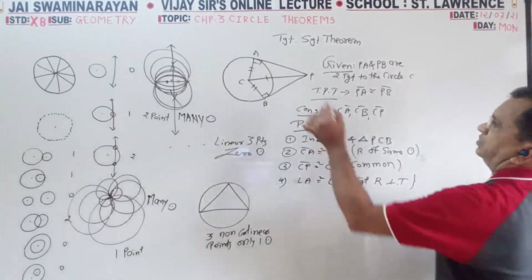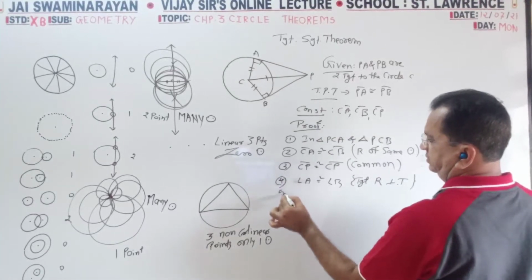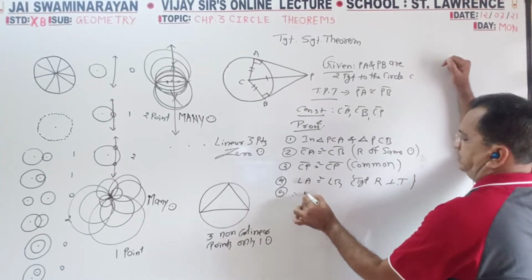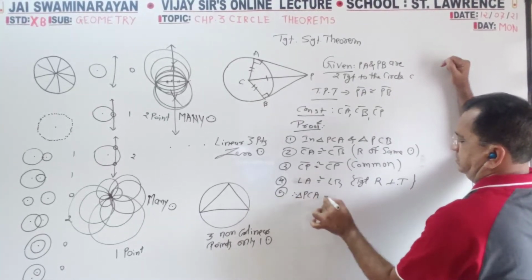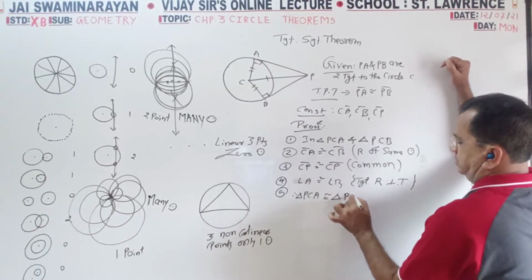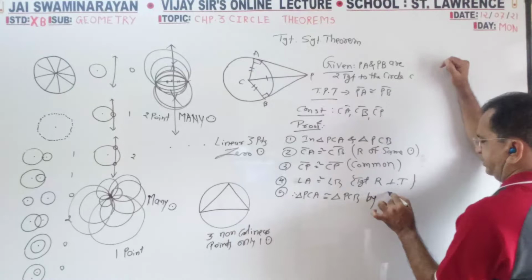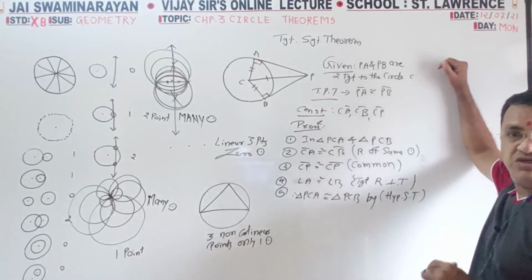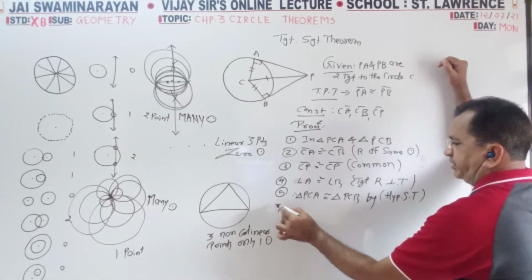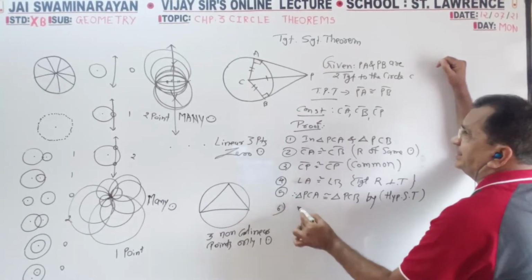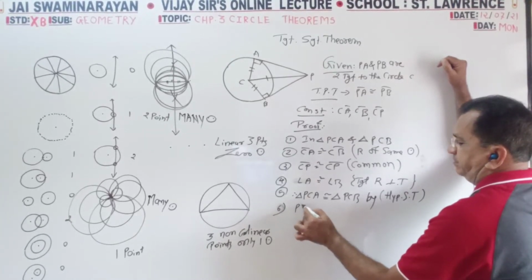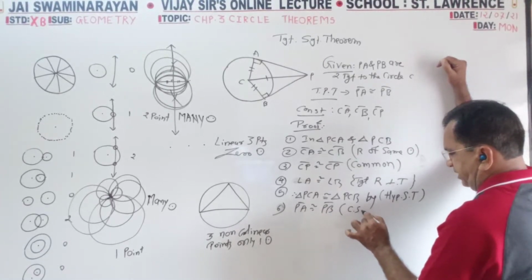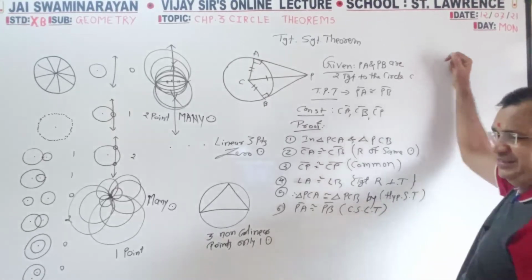So by hypotenuse side test; if you write any other test, it is wrong, 0 marks. Therefore, triangle PCA is congruent to triangle PCB by hypotenuse side test. So its corresponding parts, respective parts, PA is congruent to PB. Congruent side of congruent triangle, CSCT.